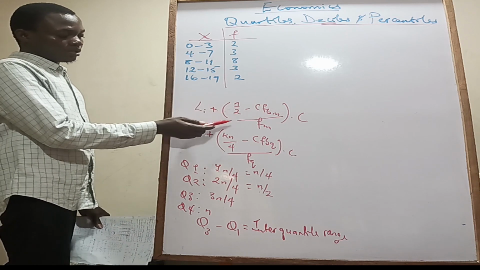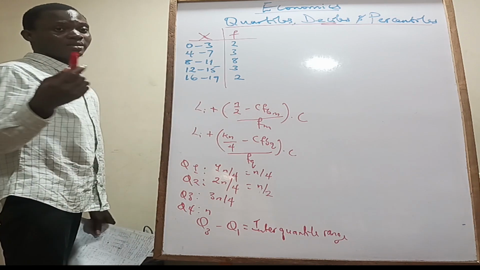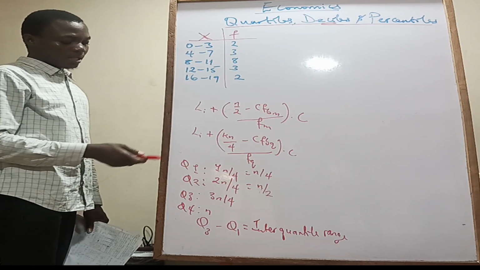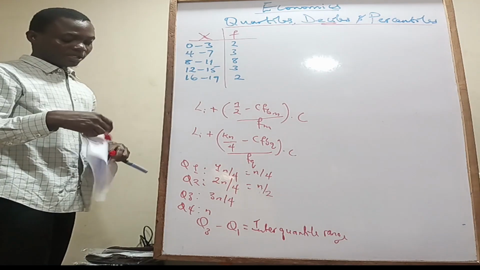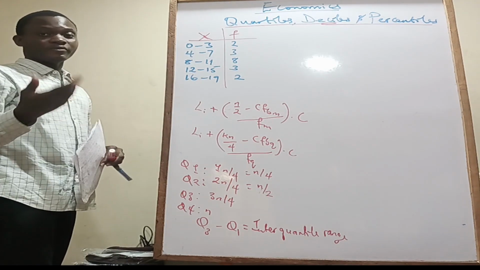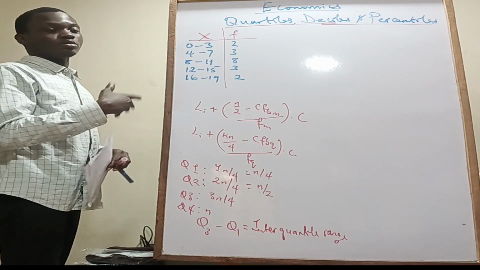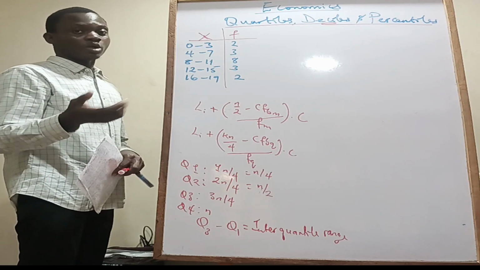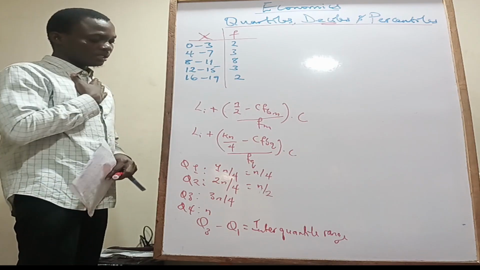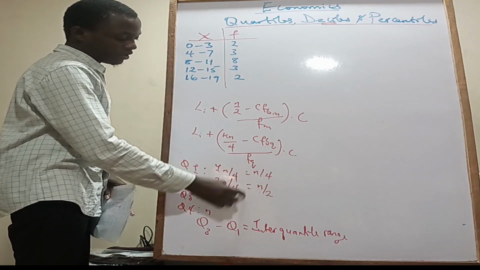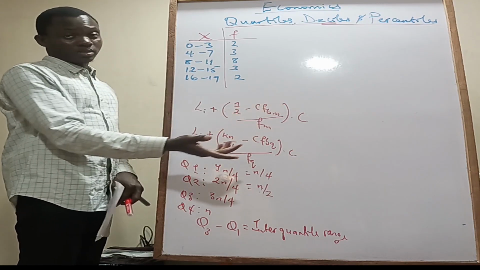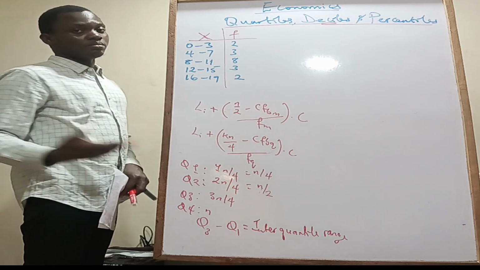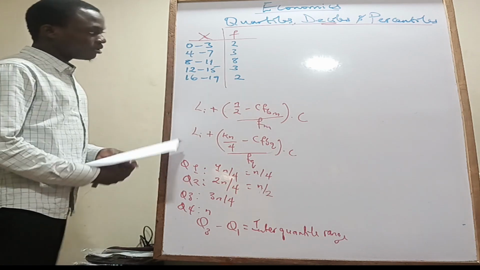So if you remember, in one of the lessons when we started the measures of central tendency, I was making you understand that the second quartile, the 50th percentile, and the 5th decile are all equal to the median, and they could also be called measures of central tendency. So look at the formula. N over 2 would have been here, just the same as this. So the CFBQ would have also been the same as the CFBM, and that's about that.